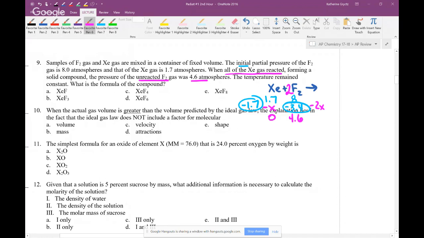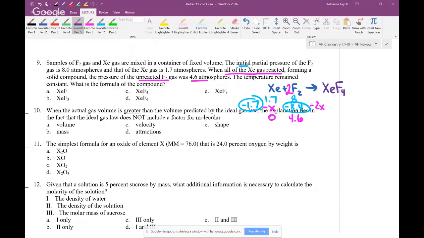If you think about it from an equilibrium standpoint. Okay. You don't have to set it up like an ICE diagram here.